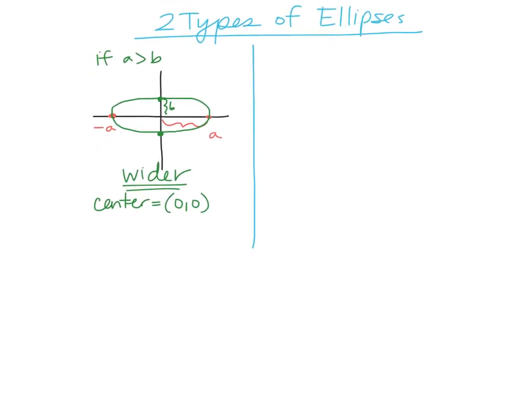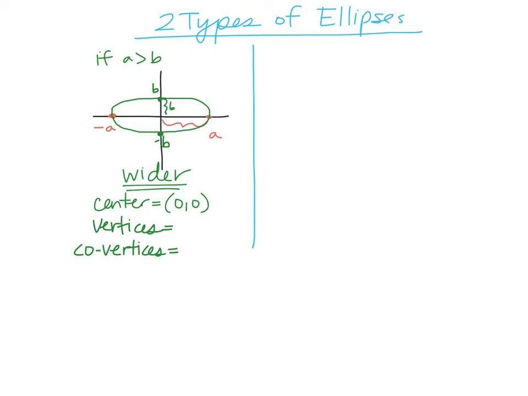And then we will have vertices and what are called co-vertices. It's like the sidekick to the vertices. So when it's sitting this way, our vertices are always the ones that are farthest from the center. So if you look here at A versus B, this was a length of B and this was negative B. The ones that are farther away are the A's, right?